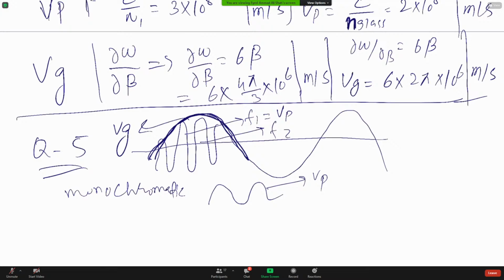That's why when you are in the air, you have the expression 4 pi by 3, but in the glass you have 2 pi multiplied by 10 to the power 6. Okay, because I always thought the group velocity was the same. When they are the same, it means you are talking about just one ray, not a group of rays.